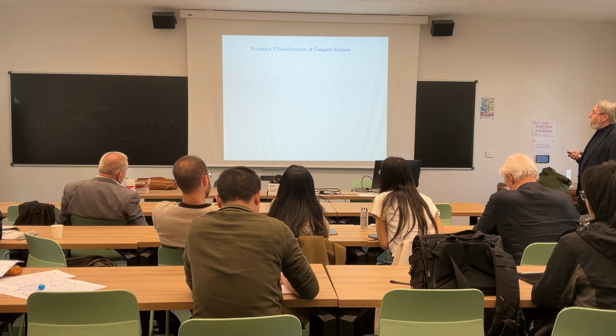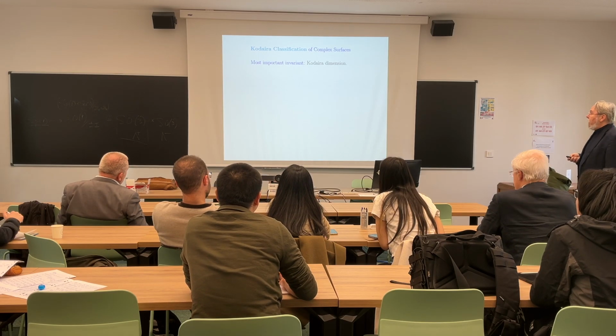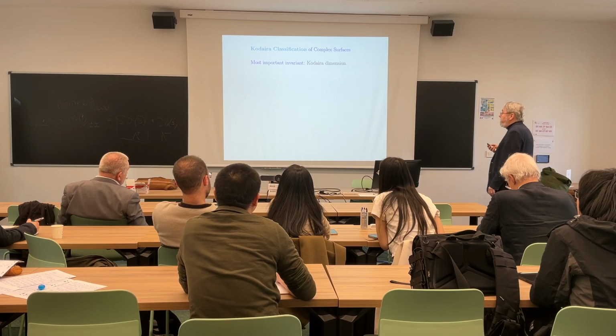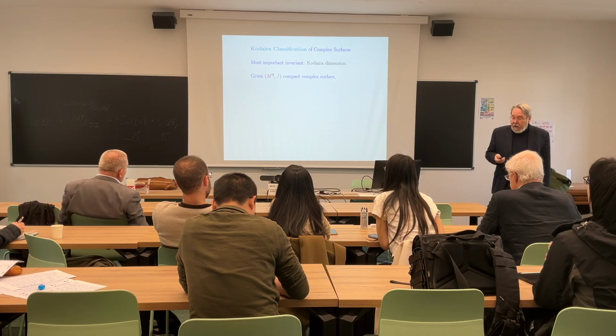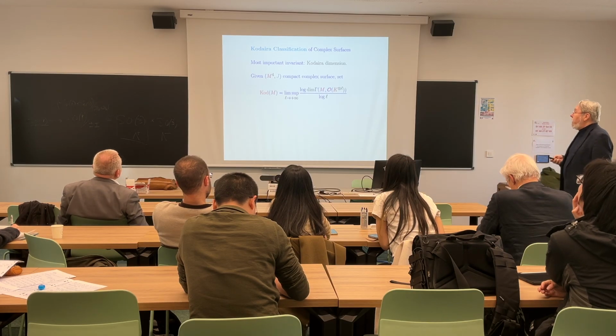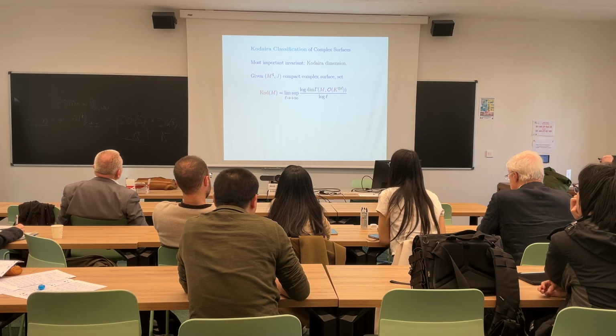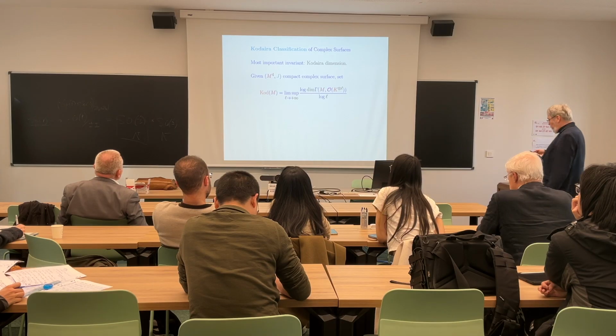And so Kodaira's classification of complex surfaces, first of all, focuses on the most important invariant that Kodaira introduced, the so-called Kodaira dimension. Given a compact complex surface, one can define its Kodaira dimension, and here it looks maybe intimidating.